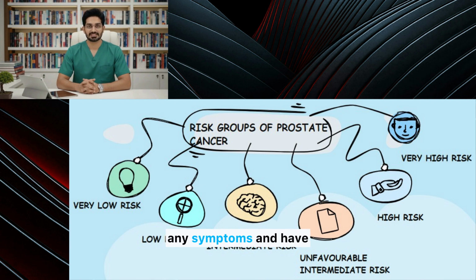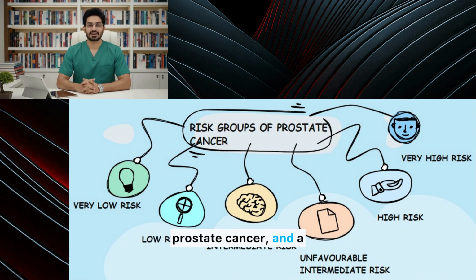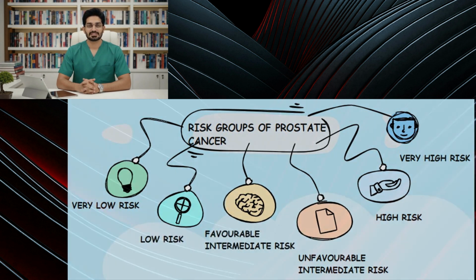If you don't have any symptoms and have very low risk or intermediate risk prostate cancer and a life expectancy of 5 to 10 years, then observation is usually recommended. This is different from active surveillance, which usually involves routine imaging and biopsies.